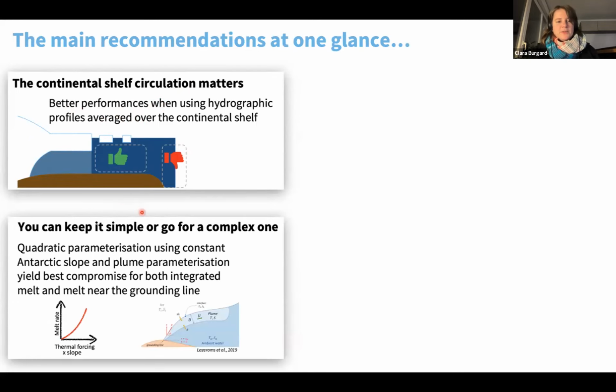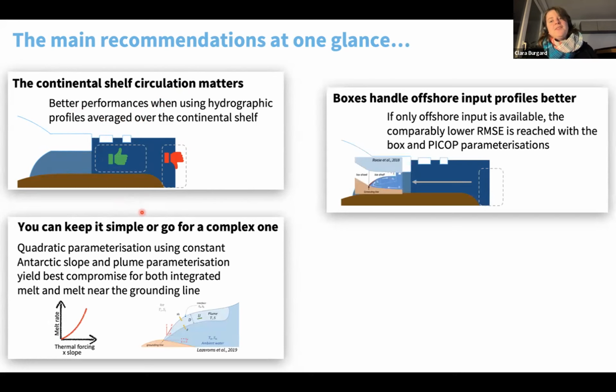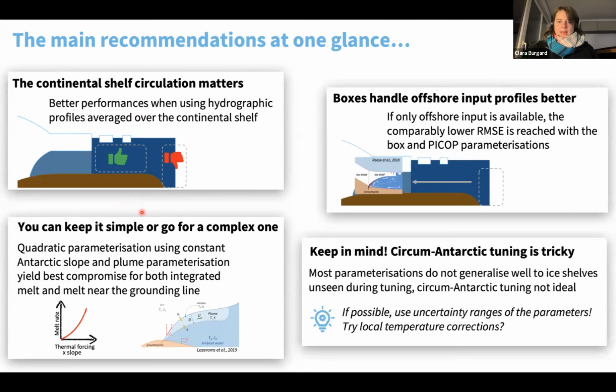Either the quadratic parameterization using the constant Antarctic slope or the plume parameterization yield the best compromise if we look at the integrated melt and the melting at the grounding line. If you have no choice but using offshore input, then the comparably lower RMSE is reached with the box and PICO parameterizations.